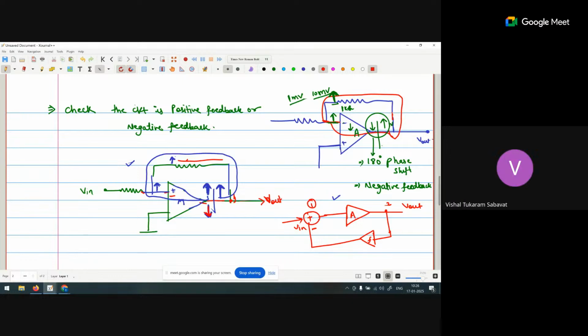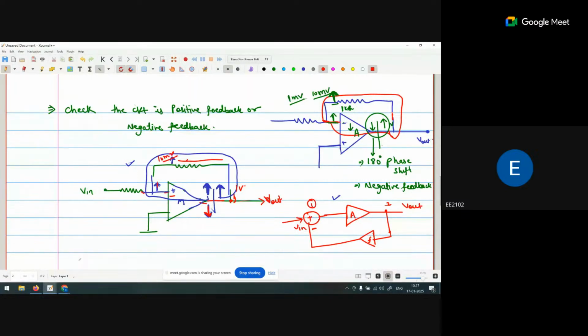So, sir, it mainly depends on the feedback voltage and the sign. It will reduce the signal. I am not saying that it goes completely to zero or to the negative direction, but it will reduce the signal. I increase the signal, like it is 1 volt, here I am getting 10 millivolt.